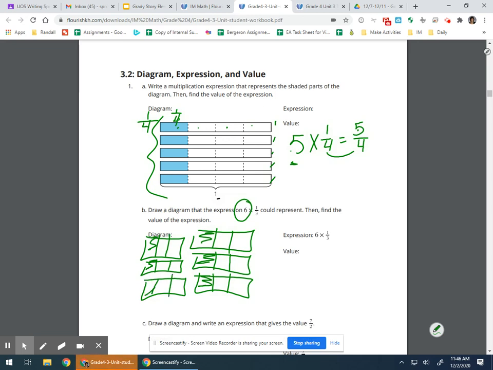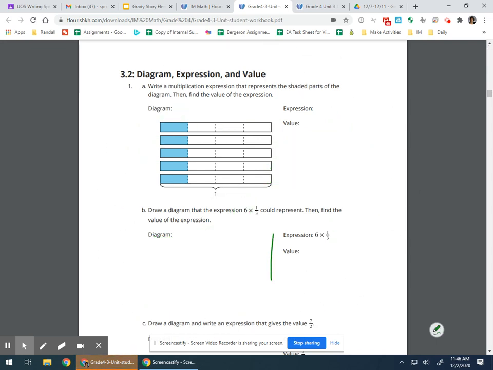And that's what it's saying, 6 groups of 1/3. So the value would be 6 times 1 is 6 thirds. 6 thirds. Okay. If I'm moving too fast, pause the video and let's start over again.